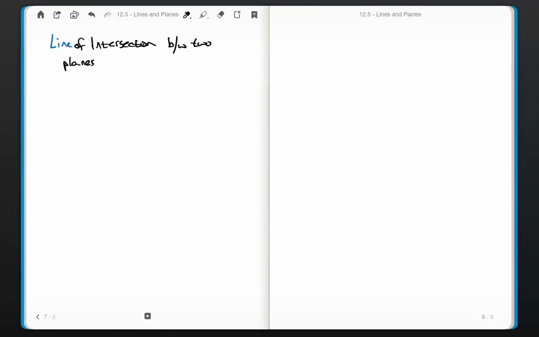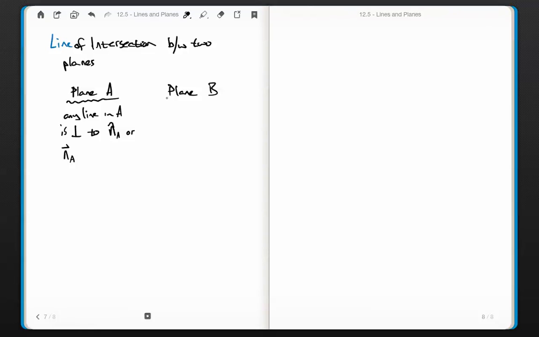Okay, well, let's say we have plane A, and then over here I've got plane B. Well, I know that any line in plane A is perpendicular to the normal vector A. That could be a normal vector A, and it doesn't have to be a unit vector, right?